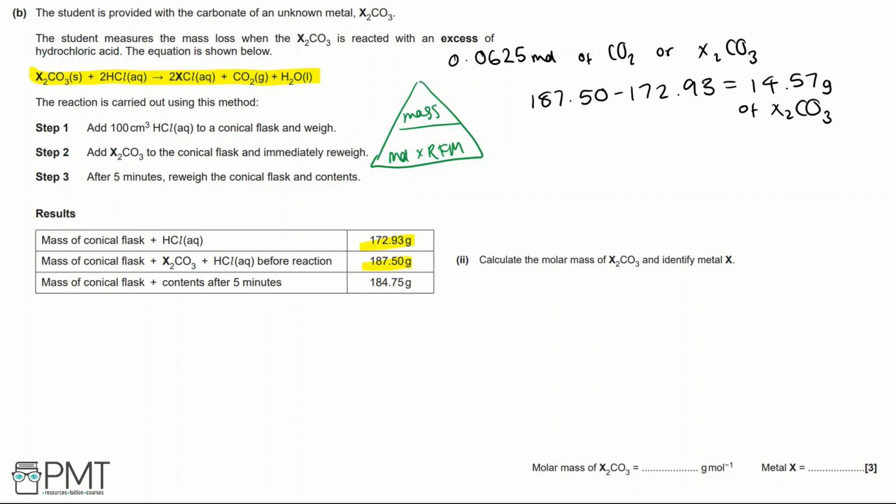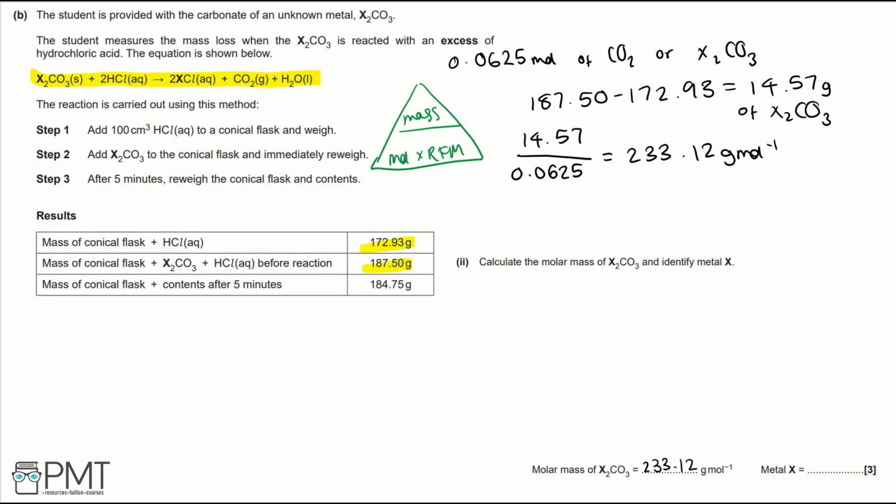So we can work out its relative formula mass or its molar mass by doing 14.57 divided by 0.0625, which is equal to 233.12 grams per mole.